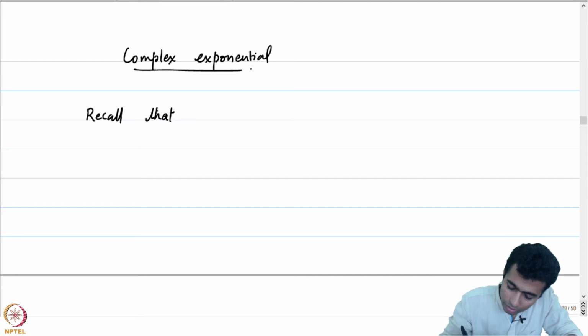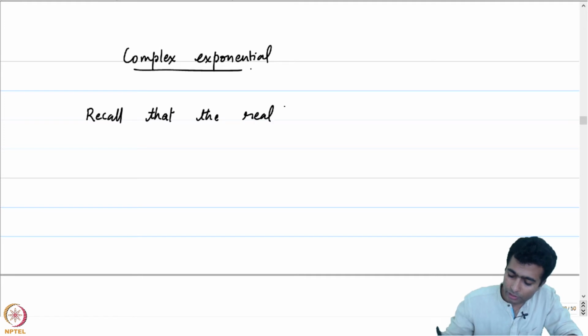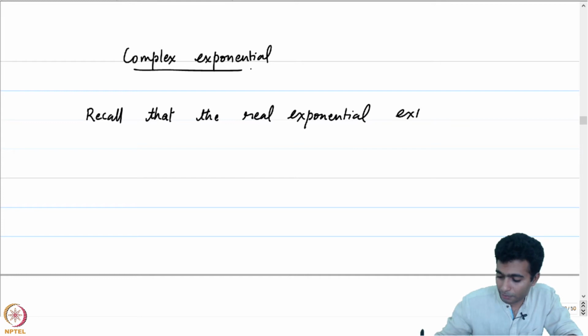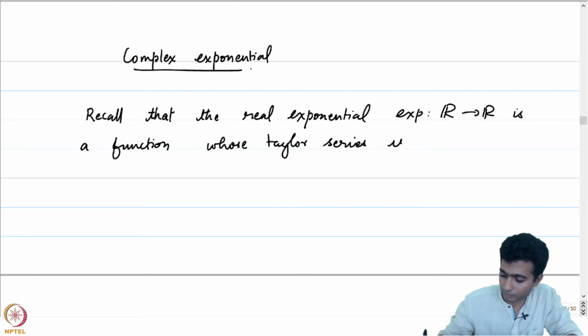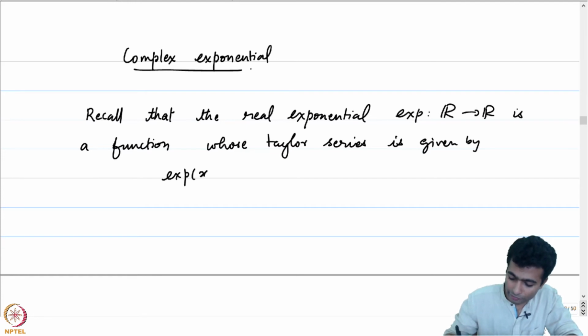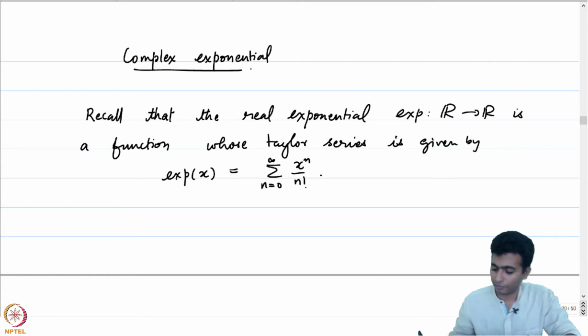Recall that the real exponential exp from R to itself is a function whose Taylor series is given by exp of x is equal to summation x to the power n by n factorial, where n is from 0 to infinity.